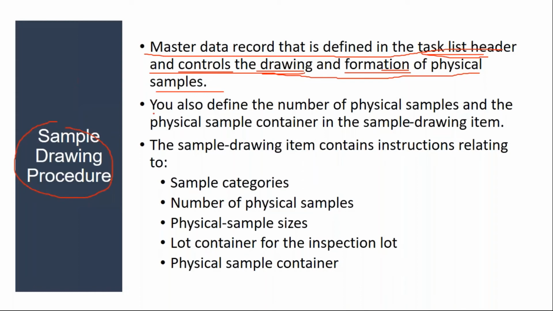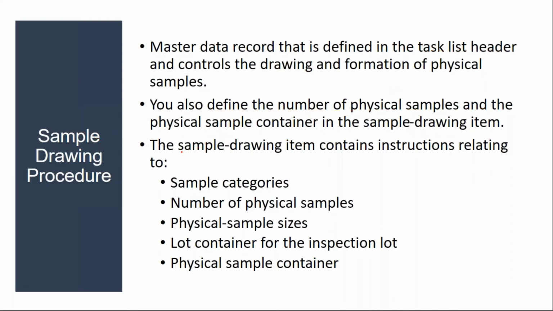You also define the number of physical samples and the physical sample container in the sample drawing item. So in the sample drawing procedure, you maintain the number of physical samples and their containers, in which container we need to take them. The sample drawing item contains sample categories, whether primary, pooled, or reserve, their number of physical samples, and their size.